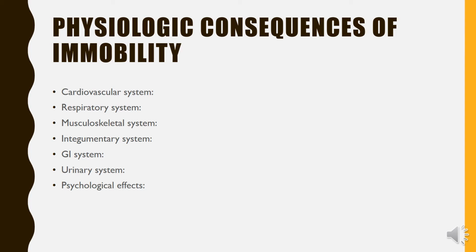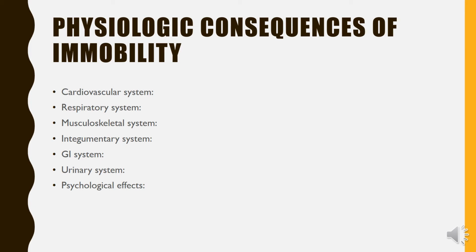The musculoskeletal system is affected by prolonged immobility, leading to the decrease of muscle mass and atrophy such as contractions. Demineralization within the bones can also be seen, and osteoporosis may also occur if immobility is long-term.